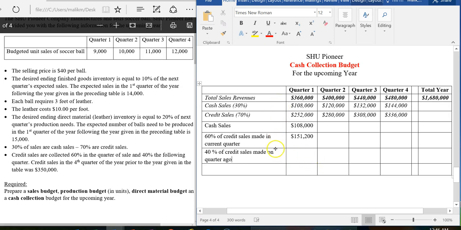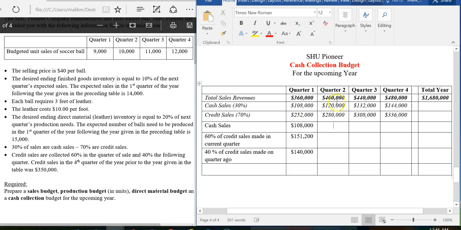That means the past quarter's credit sales was $350,000. Take 40% of it, and I got $140,000.